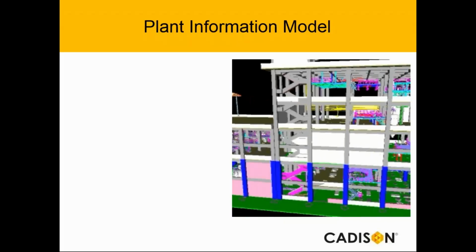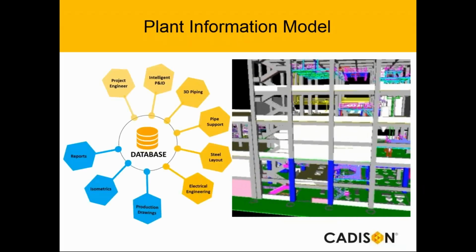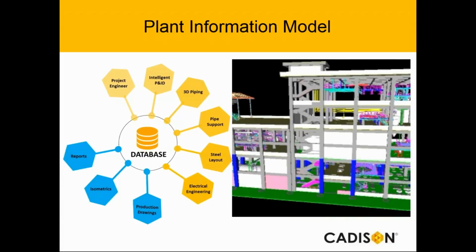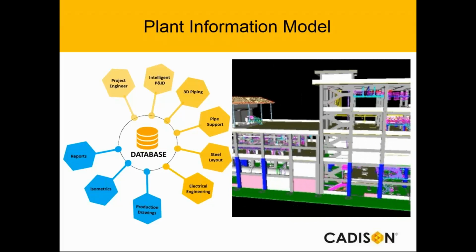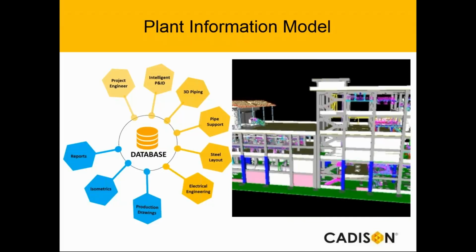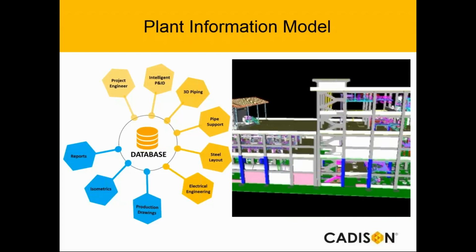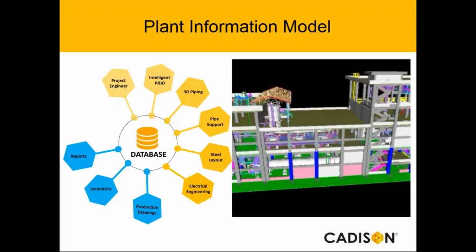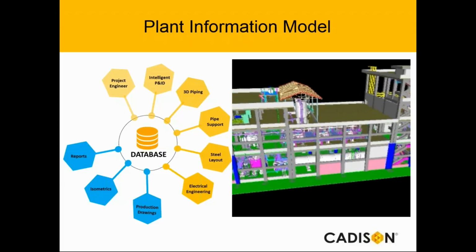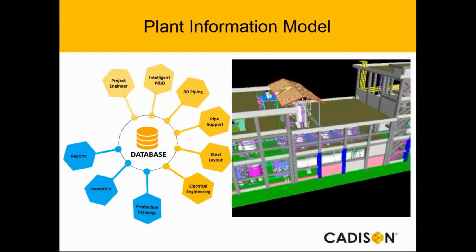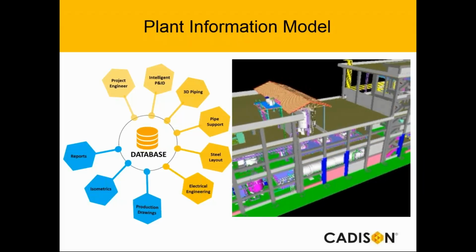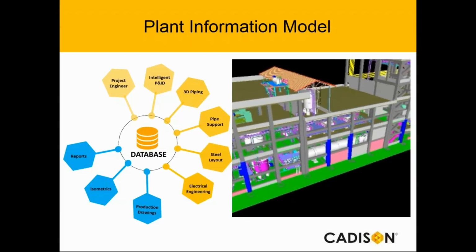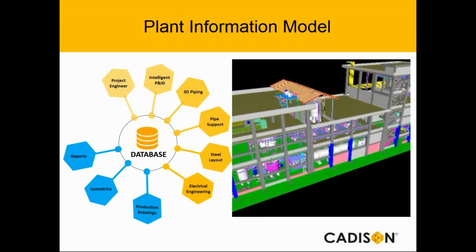CADISON integrated plant design comprises the following core modules: the project engineer, the intelligent P&ID designer, 3D piping that includes pipe supports and steel layout, and finally electrical design. Now, these modules are made for different disciplines and focus on specific deliverables, but all draw on information from each other and deliver one plant information model.